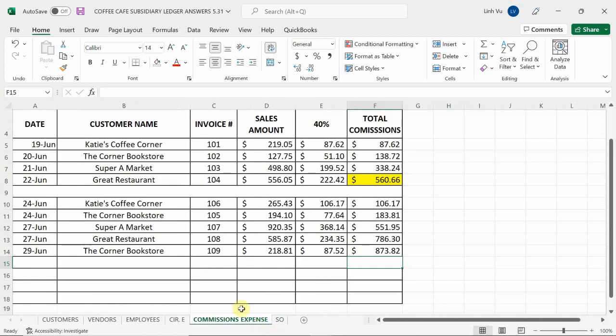And then go to commissions expense 630. Great. Super A Market, invoice 110, and total sale 533.17. And then 40% is $213.27 for the grand total of $1,087.09.